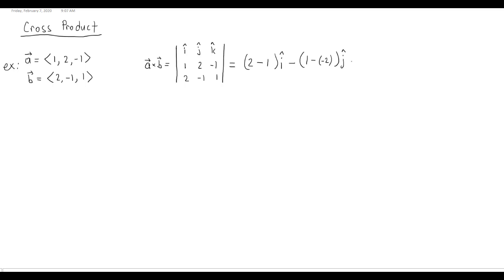Okay. And then the last one will be plus, and then k. Again, cross out the row and the column containing k, and then do 1 times negative 1, minus 2 times 2, so minus 4. Okay?